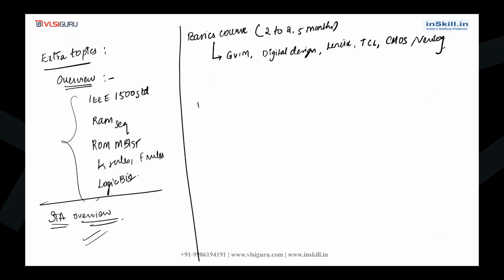And next you will have the DFT advanced course. The DFT advanced course will go for around 3.5 months, or 4 months. It depends. Some batches we can complete in 3.5 months, some batches it will go for 4 months.